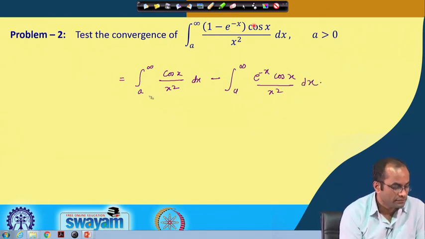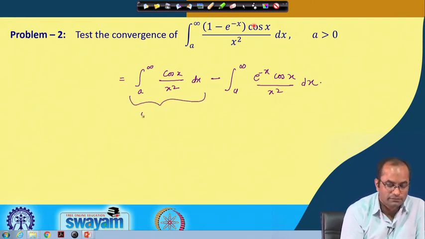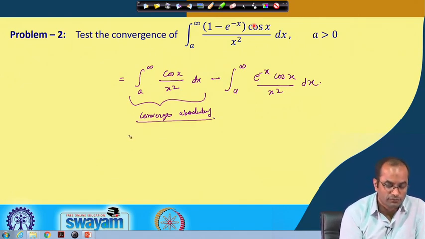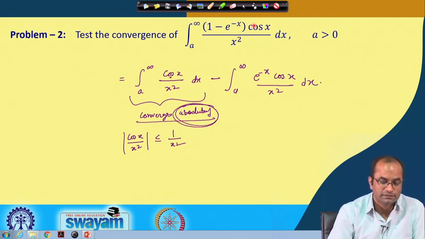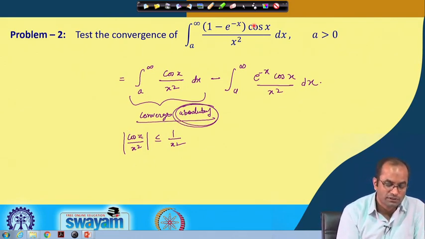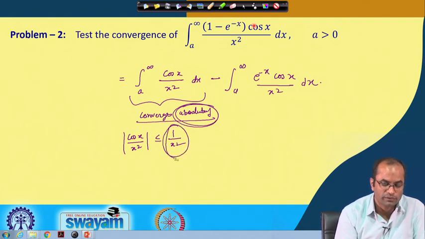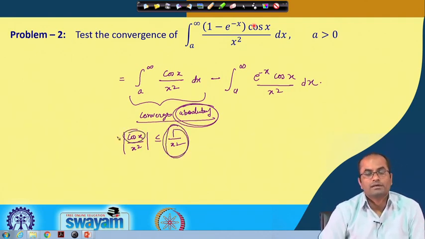So, this first integral converges absolutely, and the reason is clear, because by the comparison test we can easily conclude it, since cos x over x square is less than 1 over x square. Indeed, this absolute concept we will explain again. Absolutely means that even if we take the absolute value of the integrand, the integral converges. So, cos x over x square is less than or equal to 1 over x square, because the values of cos x are bounded by 1.